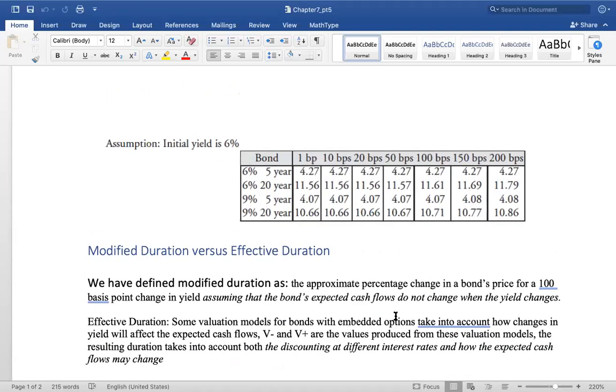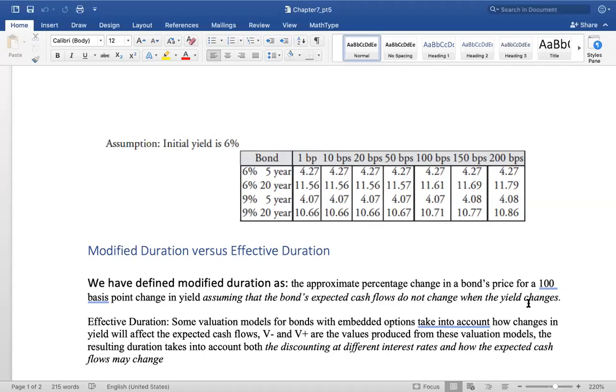Modified duration is the approximate percentage change in a bond's price for a 100 basis point change in yield, assuming, and this is very important, that the bond's expected cash flows do not change when the yield changes. So modified duration is when we assume that the only effect on the value of the bond will be because of changes in the discount rate, not in the cash flows.